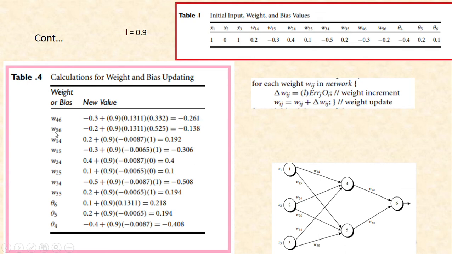Now the calculation of W56. W56 is the weight updation with respect to the link which connects neurons 5 and 6.